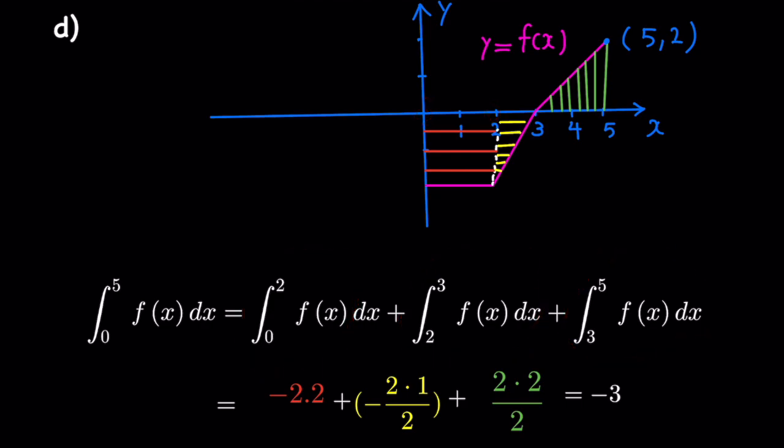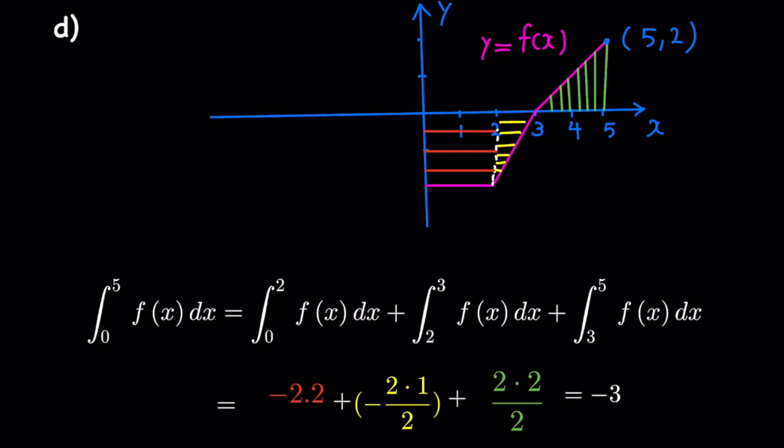Okay, so the definite integral between 0 and 2 is going to be the area of that red region. So this side is 2, this side is 2, so you have a square there. So you have 2 times 2, that's going to be the area of the red region, but you know that you have to put this minus sign because the area lies under the x-axis.